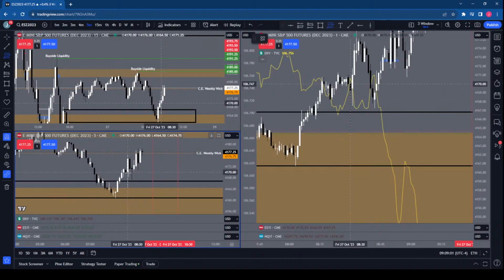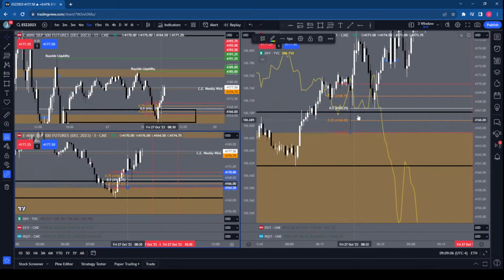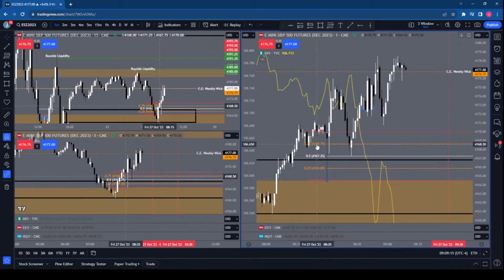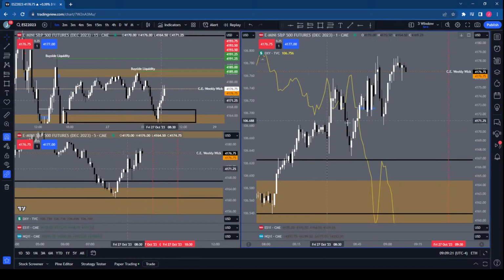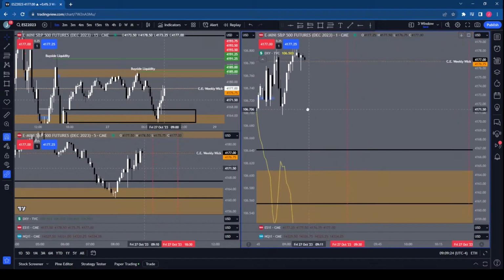You can see on the 5-minute, if you draw out the consequent encroachment of this 5-minute wick, look, price came down perfectly to that 5-minute wick. So I do like how price is delivering today. In this pre-market morning, it is looking nice.